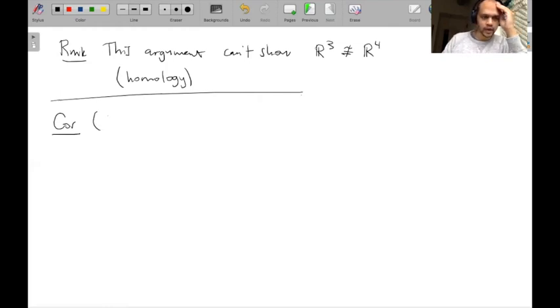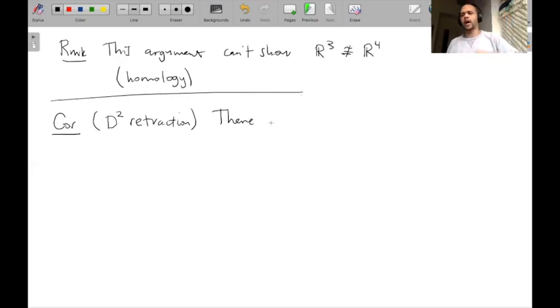Right, so the next corollary is called the D2 retraction theorem. Let me just tell you what it says before saying anything general.